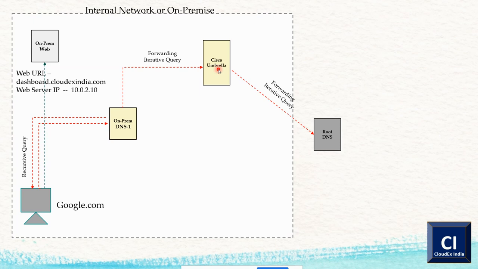It forwards the same query, saying, hey, I don't know, but I can get the response from someone. The query will again be iterative. What does the root hint say? Hey, your query is google.com, but I don't know. I know someone who can help you with the answer.